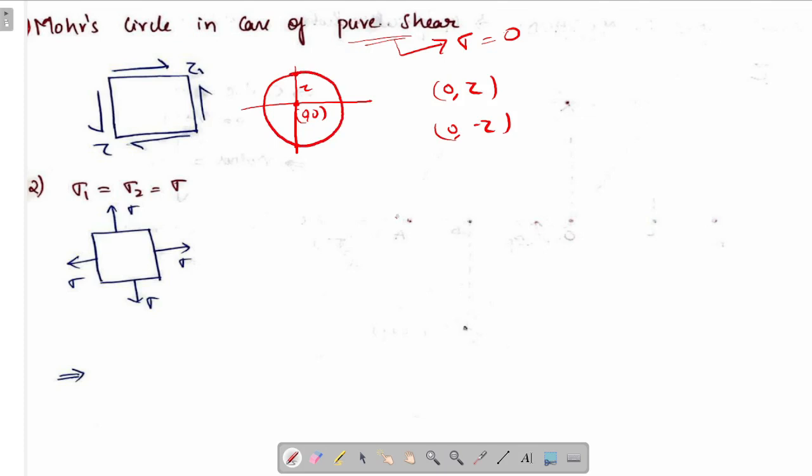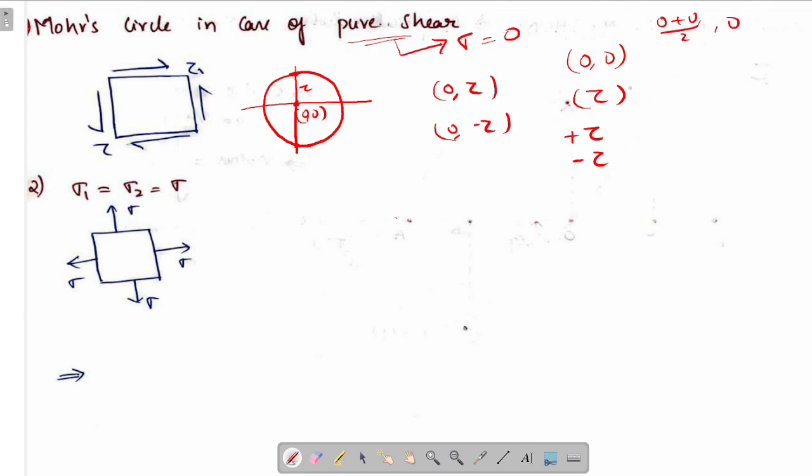That means in case of pure shear condition, the origin will be the center of the circle and the radius will be tau, the major principal stress will be plus tau and the minor principal stress will be minus tau. We can also find this by using formulas. We know that the center of the Mohr circle is given by (sigma x plus sigma y) by 2. In this case (0 plus 0) by 2 comma 0, that is (0, 0).